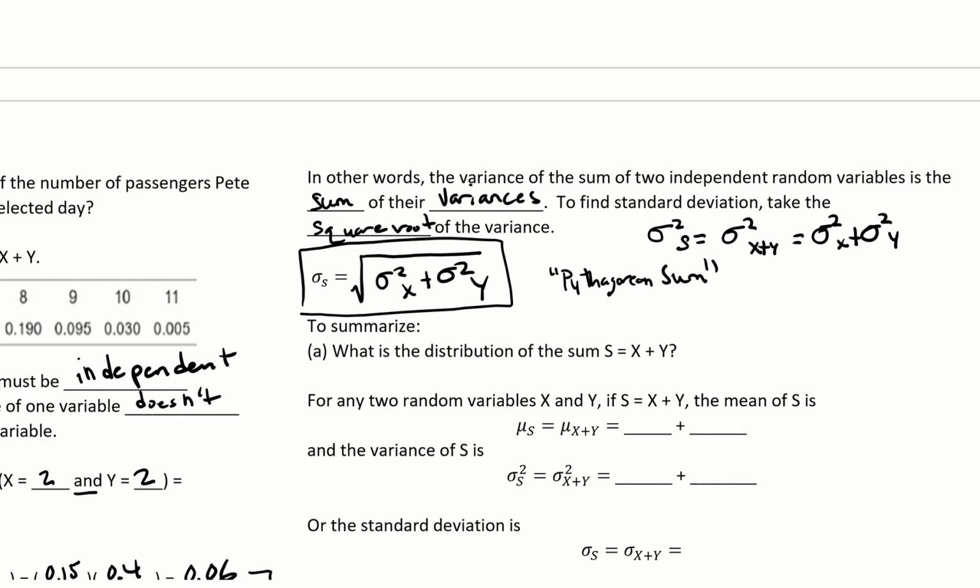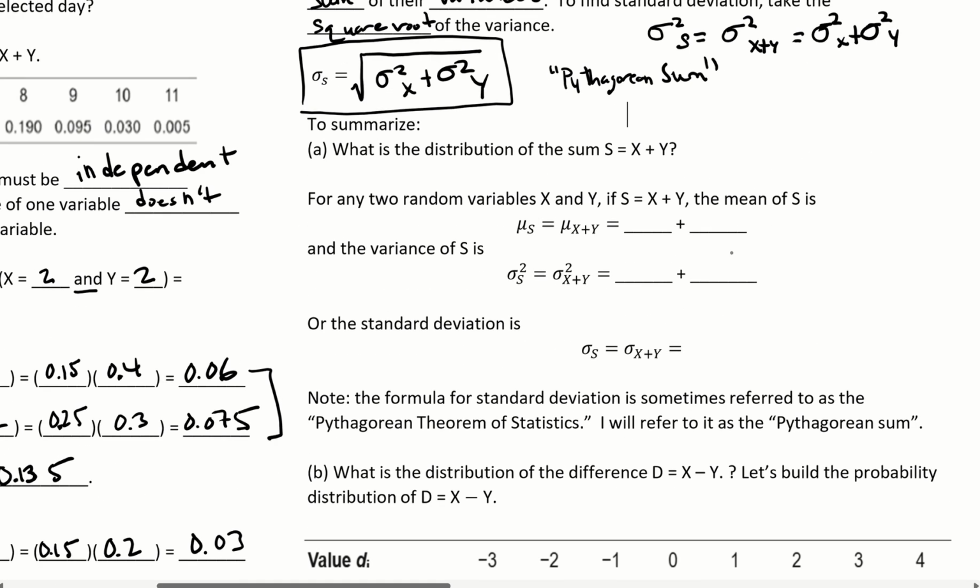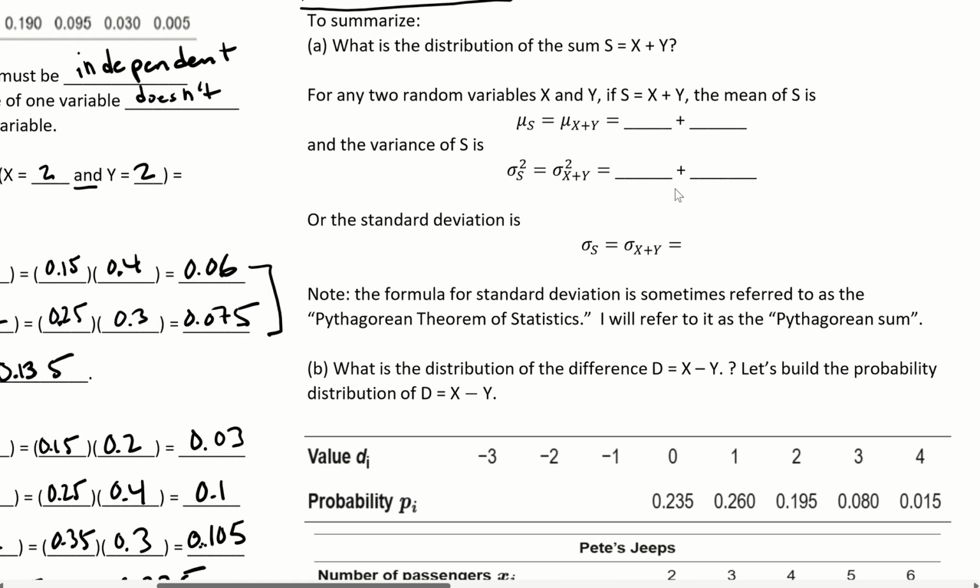All right. So to summarize, what do we have so far? What is the distribution of S equals X plus Y? For any two random variables X plus Y, if I want the average, I simply add the two means.